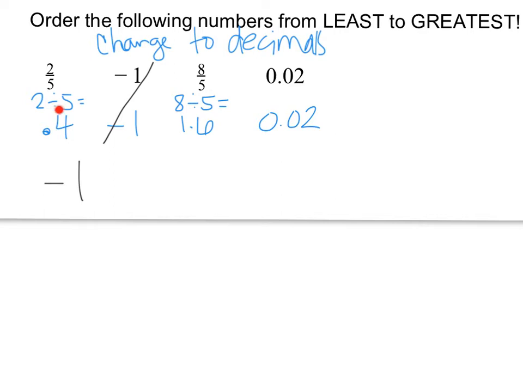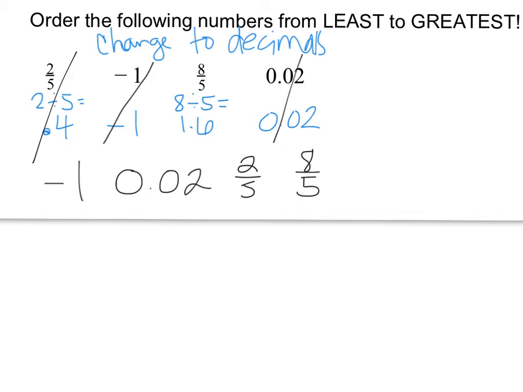Now, if I compare this number to this number, 0 is smaller. So our next number is 0 2/100. I would say that 4/10 is next, but really 4/10 is not my original number, it is 2/5. So I'm going to write down 2/5, cross it out, and that leaves us with the 1 6/10 that is really 8/5.